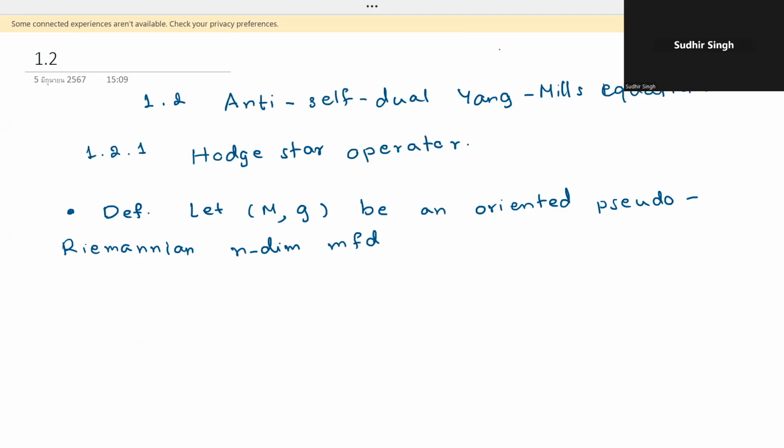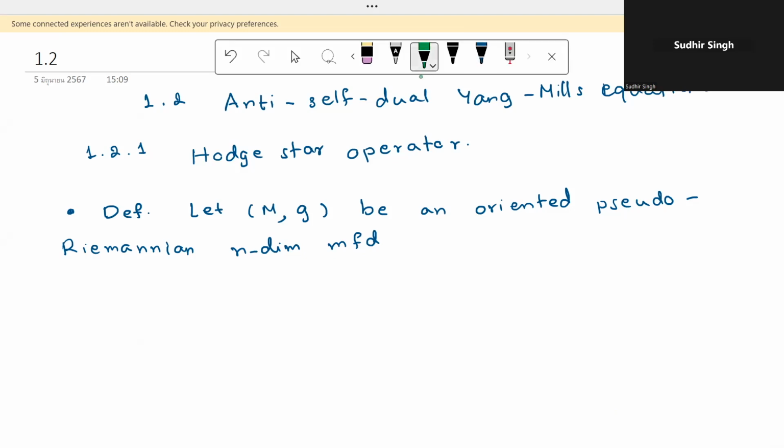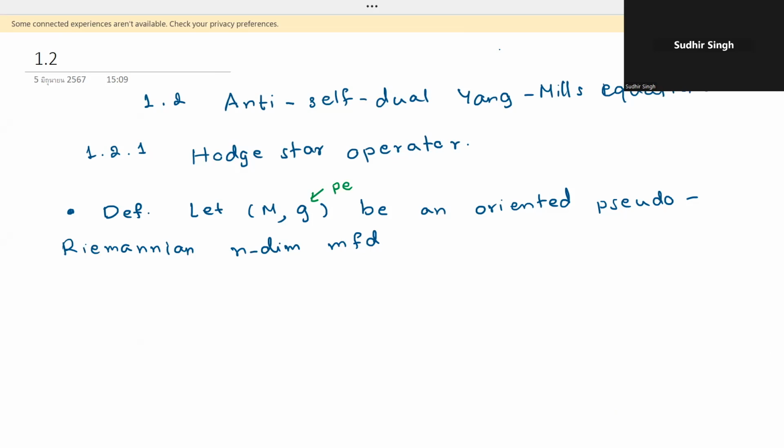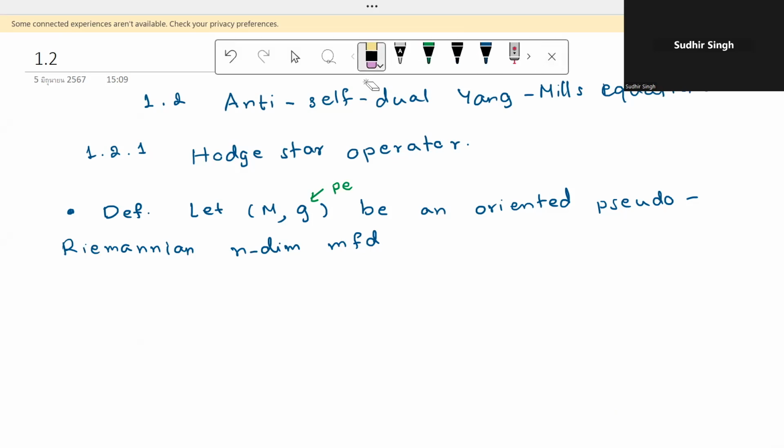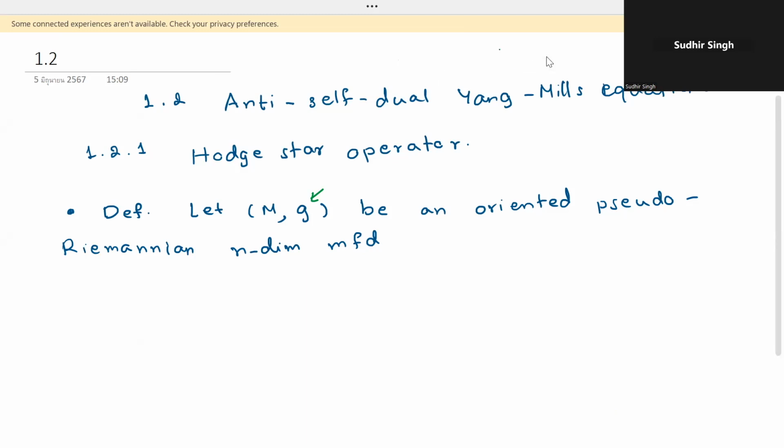And g is the pseudo-Riemannian metric. I'm sorry, I kind of abuse notation, because before this G refers to the transition functions of the vector bundle.